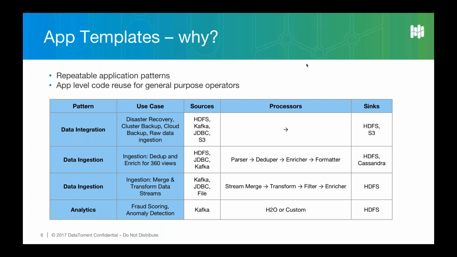Another similar one is, if there are transactions being recorded in your SQL database, read those transactions and move them into an archive data lake as your archive storage. Another interesting use case which we see, for which we also have app templates, is moving between cloud and on-premise or vice versa.